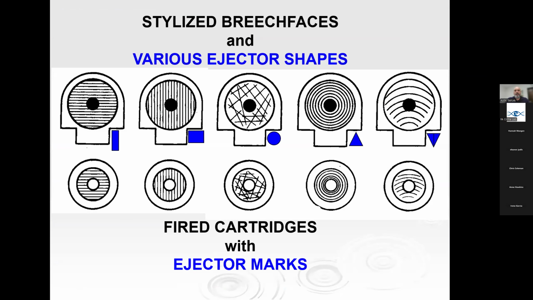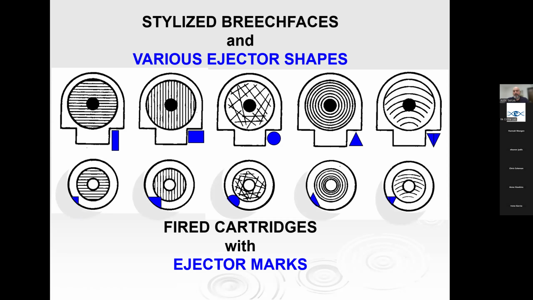These are just some stylized breech faces with the associated ejectors. They can come in different shapes and sizes. The breech faces can be parallel, perpendicular, random, circular, half circles, or unhappy faces.